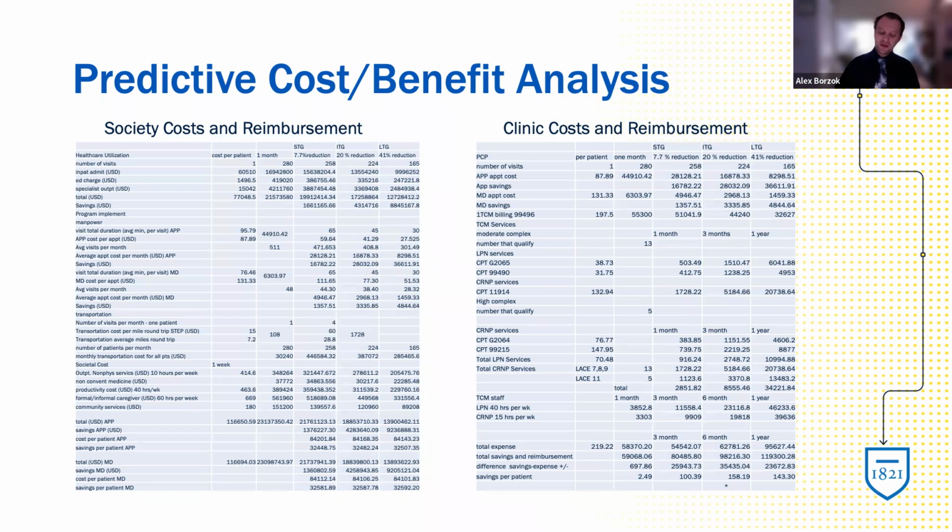So this gives us an idea of a target to shoot for, what's going to maximize both the reduction and how many patients you have in the service, how many patients you have on the panel.